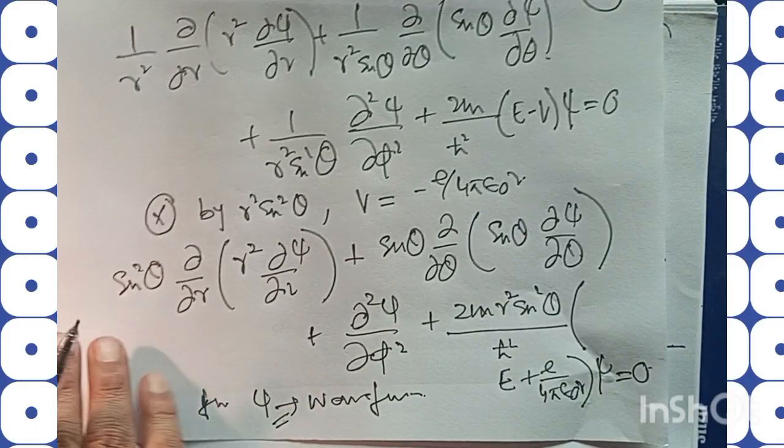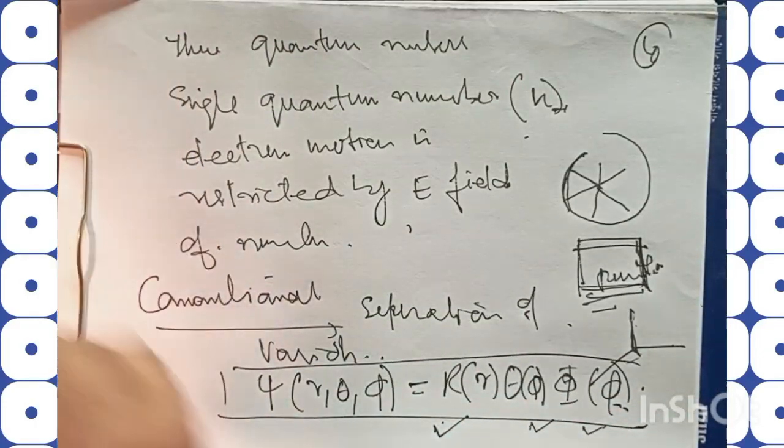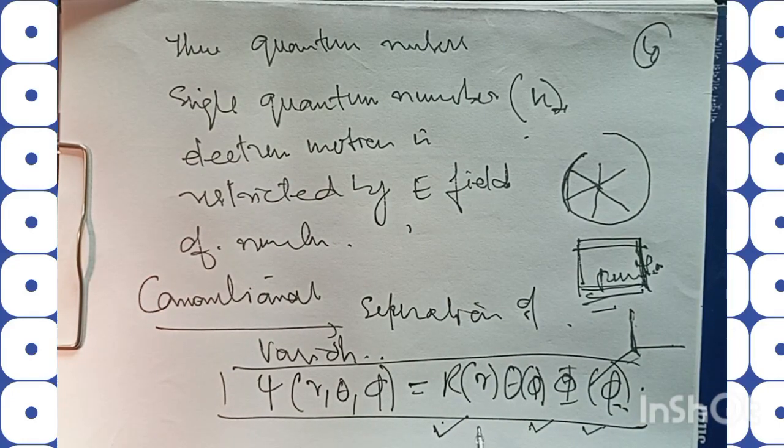all I have to do is differentiate this equation in terms of r, in terms of theta, and in terms of phi. When I differentiate with respect to r, the other two parameters will not be affected by the differentiation. They will behave as constants.